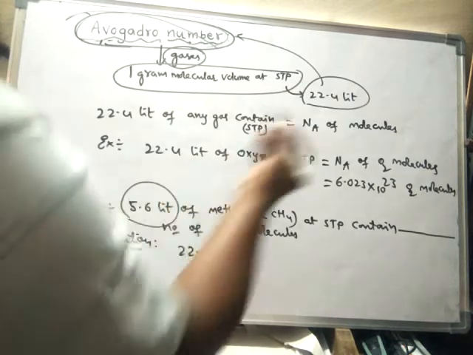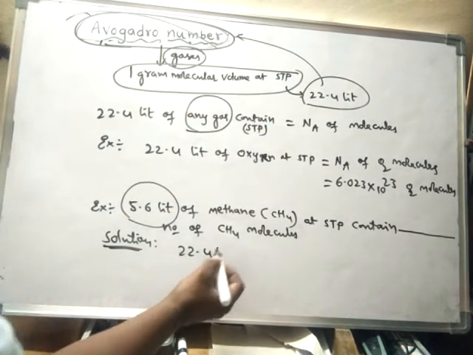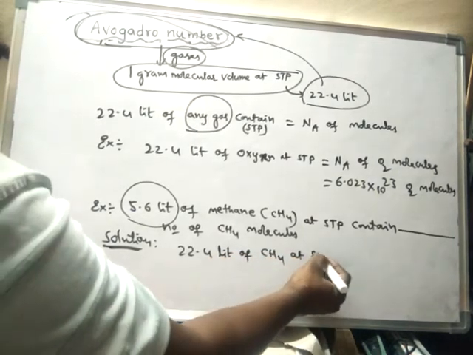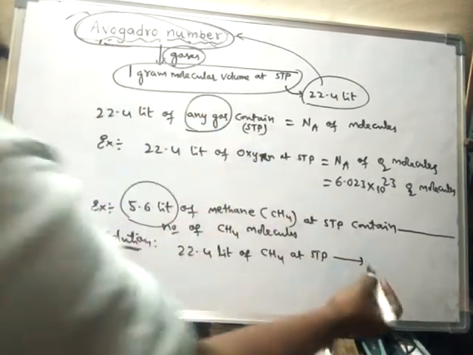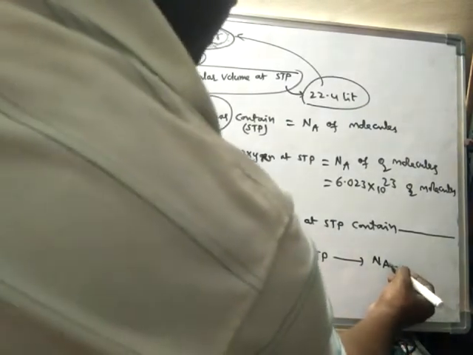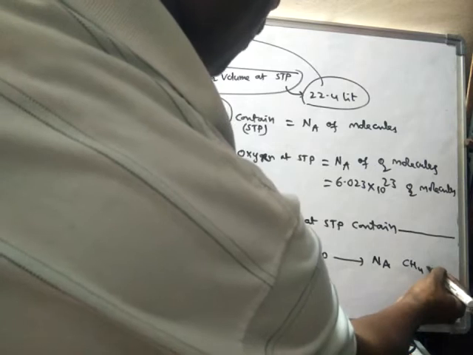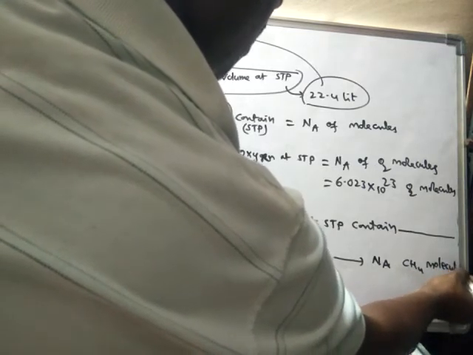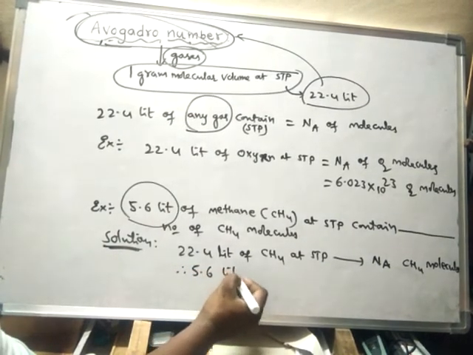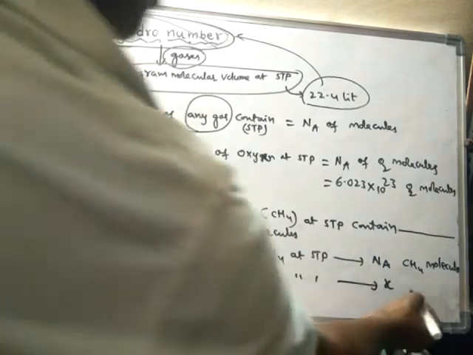If 22.4 liters of any gas, here methane, at STP contains Na, the Avogadro number of CH4 molecules, therefore 5.6 liters of methane contains how many, X number of methane molecules.